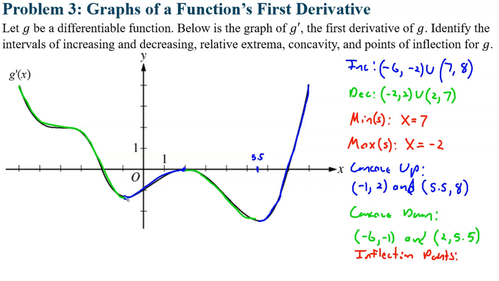So we see that happening at x equals -1, at x equals 2, and also x equals 5.5. In other words, the mins and maxes of our first derivative will be where those inflection points of our function happen.